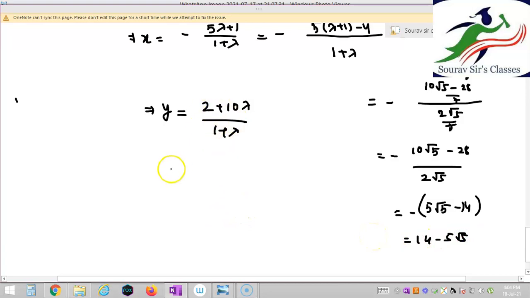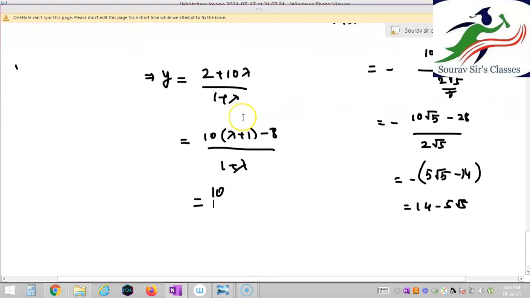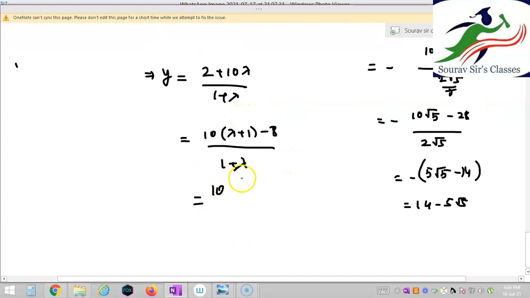Now I am going to put this value here. So I can write 10 into lambda plus 1 minus 8 by 1 plus lambda. So 10 into the value of lambda plus 1 is 2 root 5 by 7, so 2 root 5 by 7 minus 8 by 2 root 5 by 7.